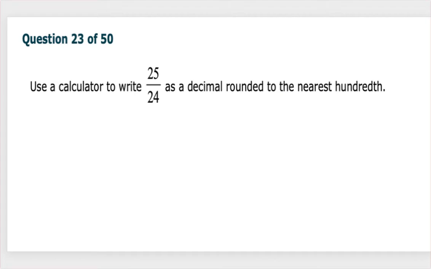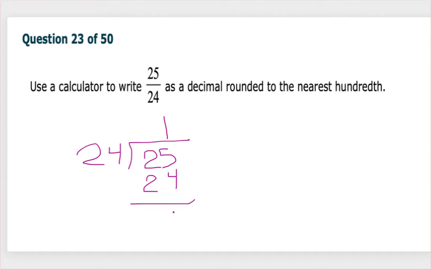Number 23. Use a calculator to write 25/24 as a decimal rounded to the nearest hundredth. So let's just go ahead and divide it. I don't have a calculator with me right now. 24 into 25 is 1. 1 times 24 is 24. Bring down your 1. Now see here, our decimal is right here, isn't it? So we're just going to add a 0.